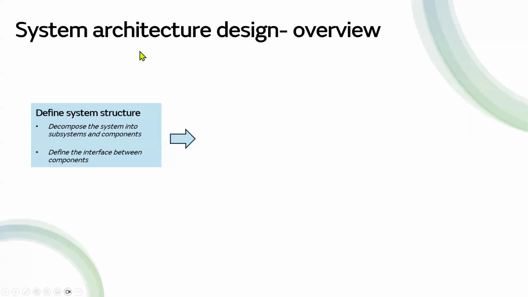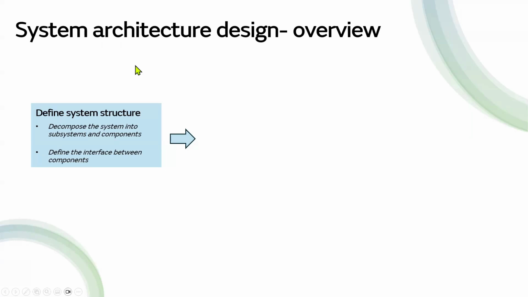Now we are moving to the system architecture design. We are still on the left-hand side of the V, if you remember. On the left side of the V, we started with requirement elicitation, then high-level system requirement definition, and now we have moved to the system architecture design.